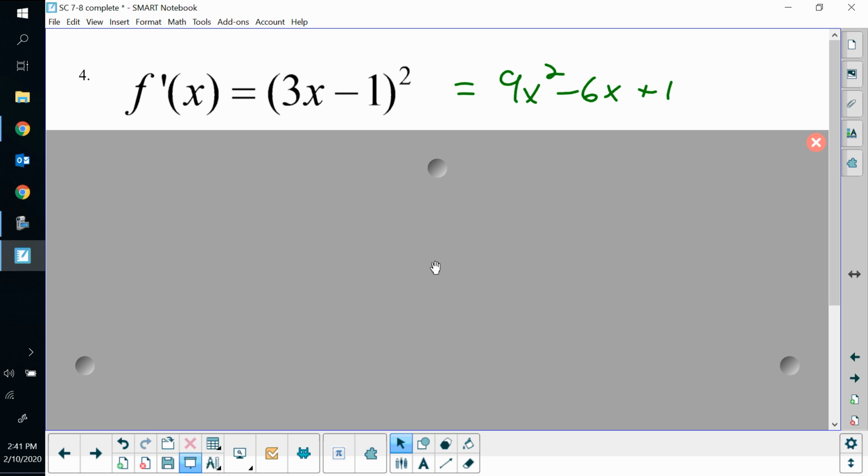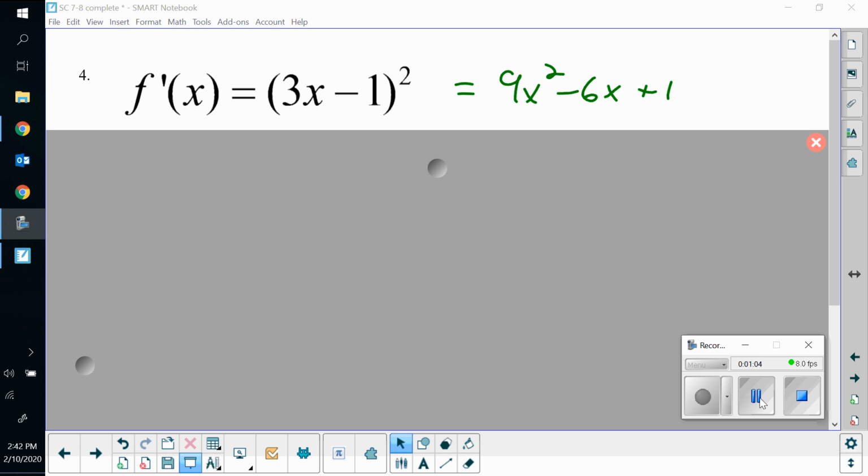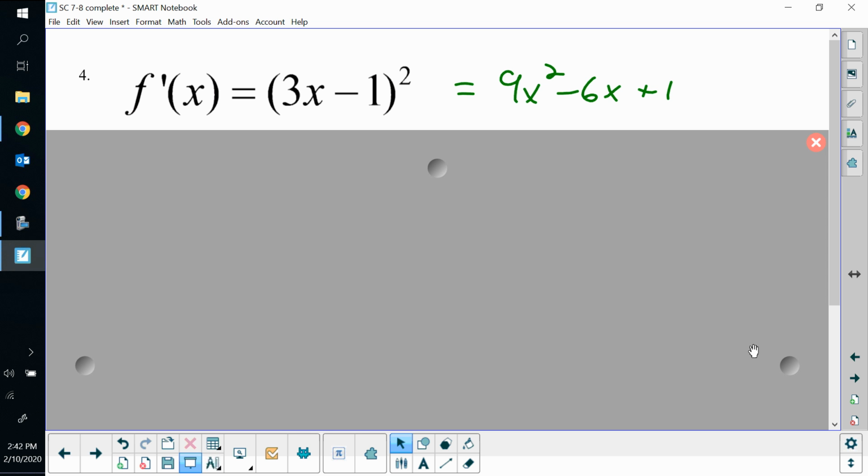Okay, so a couple things. First off, notations. Depending on what you're given, that will tell you what your notation is for the antiderivative. So if you are given an f prime, then the thing that came before that, because antiderivative is going backward, would just be a regular lowercase f of x.